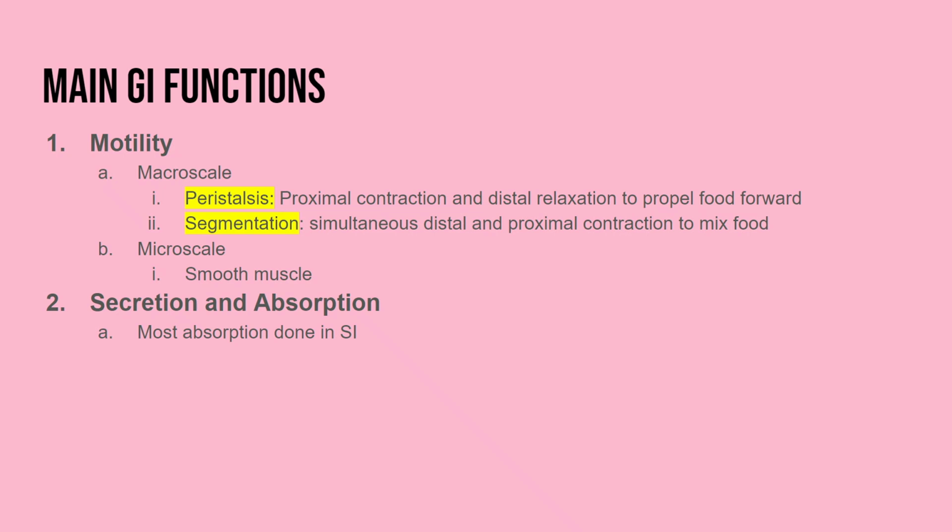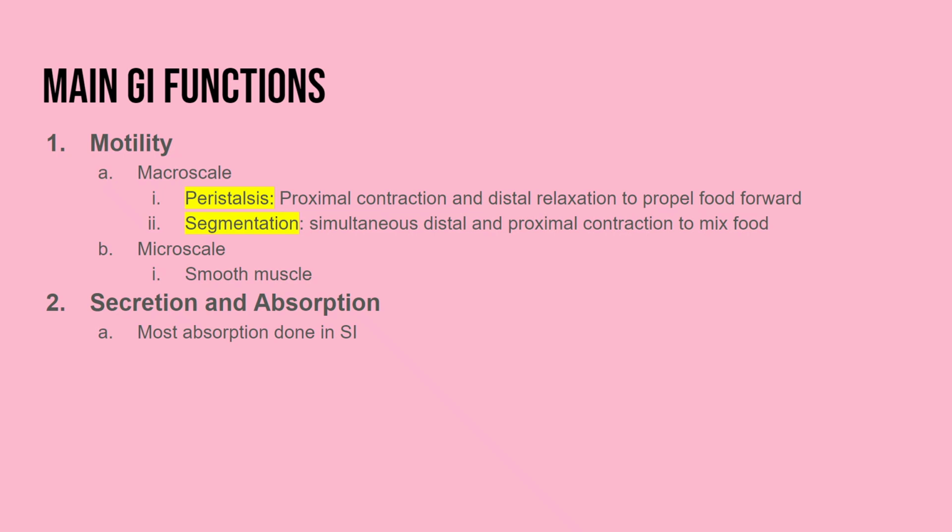Macro scale peristalsis is propelling the food throughout the system, because it's kind of like one tube, so it helps push the food down. And then segmentation is mixing of the food throughout, moving it through the system. So this says proximal contraction and distal relaxation for peristalsis.